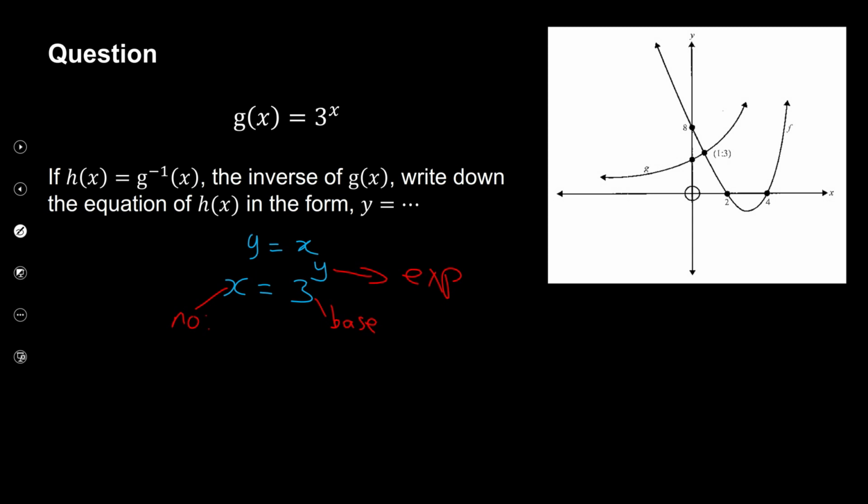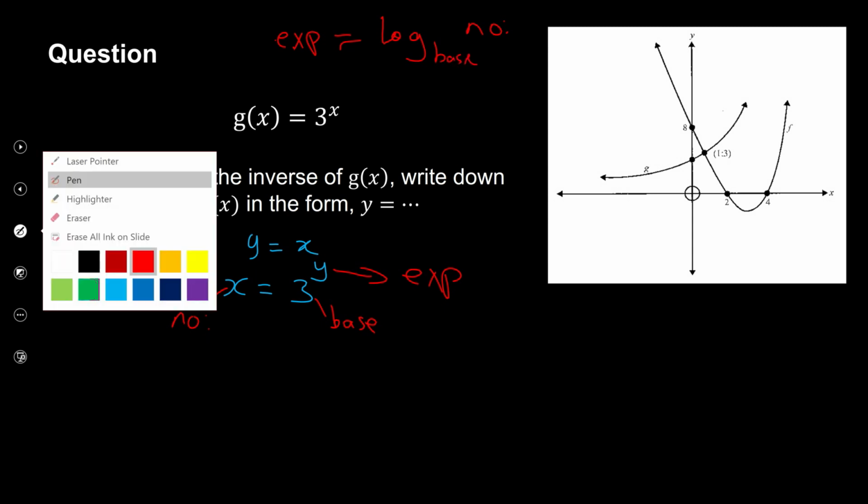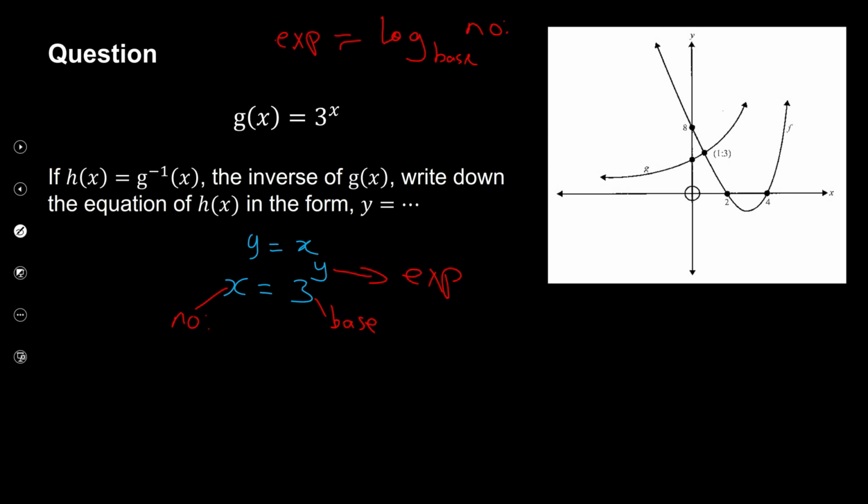And you know, just to remember what a log is about, it's exponent equal to the log of the number and then the base down there. You see, so you just need to please remember those. So this simply means it will be y is equal to log of x base 3, right?